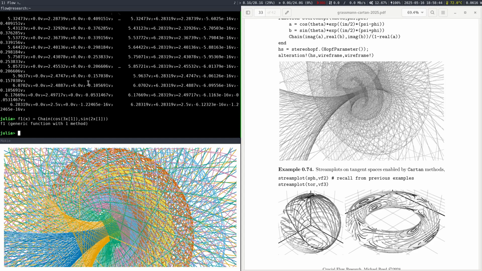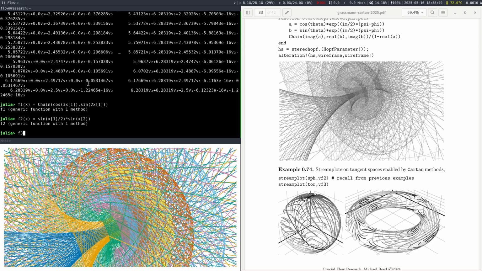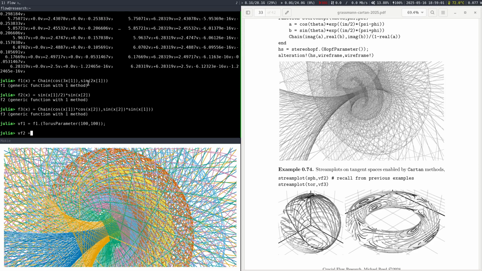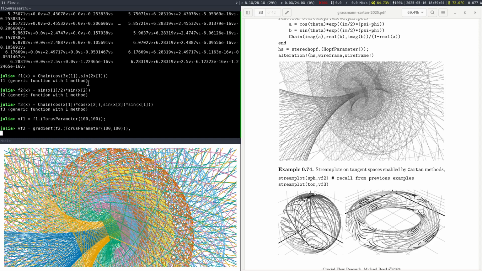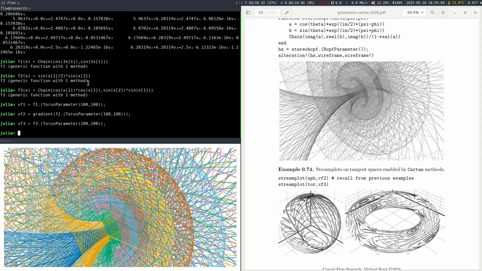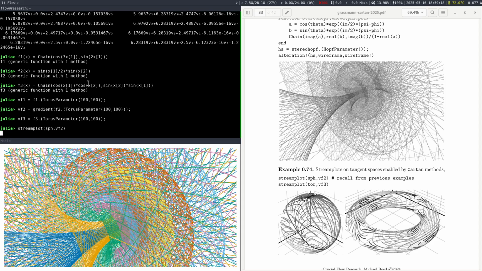So we're gonna recall to... So this is just a little fun example with the stream plot.